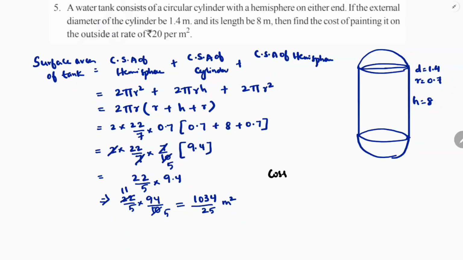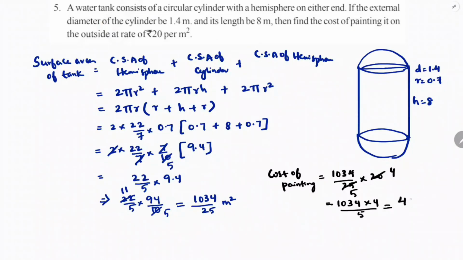Now cost of painting. So total area, that is 1034 by 25 times 20, because per meter square is 20 rupees. So if we cancel this, 5 times 5, 5 times 4. So we'll get 1034 into 4 by 5. 1034 into 4, if we do it, we'll get 4136 by 5.